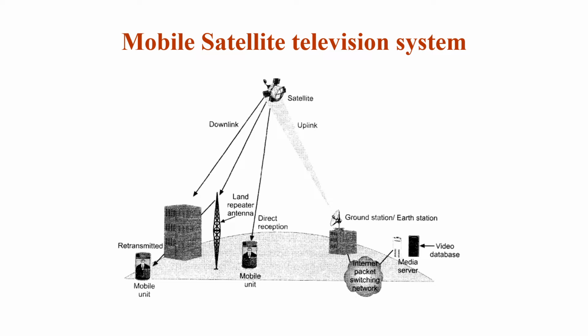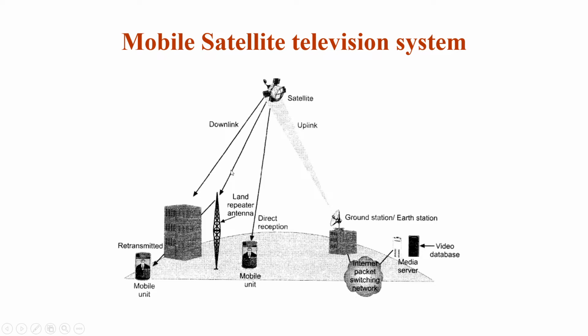The next one is the mobile satellite television system. You can see here the uplink, where your video database, media server, and internet packet switching network go to the ground station. This data will be uplinked to the satellite. The satellite takes that data, processes it, and then the downlink goes to the earth station, which will be processed and retransmitted to the mobile unit.